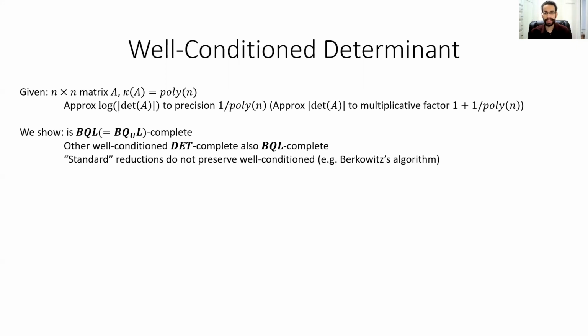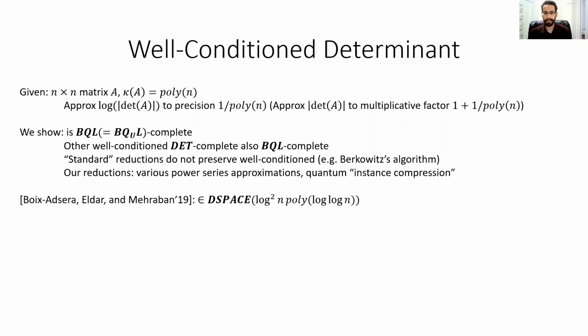As mentioned earlier, the difficulty is that the standard reductions between the various DET complete problems generally do not preserve the property of being well conditioned. We exhibit a collection of new reductions which do preserve this property. Our reductions make use of a variety of different power series approximation techniques, and we also exploit a quantum algorithm's ability to operate on a very succinct representation of a big piece of data.